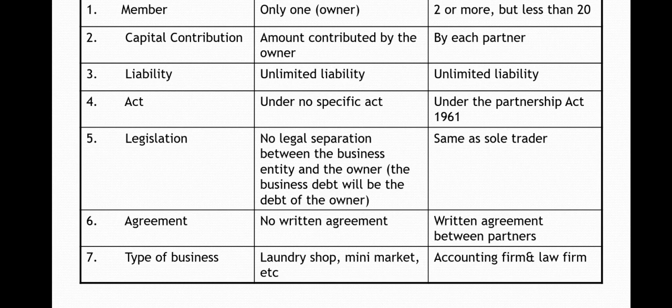Unlimited liability means if the business borrows money from the bank, and suddenly the business collapses, goes bankrupt or closes down, the bank can take the business assets, and also the personal assets of the owners.